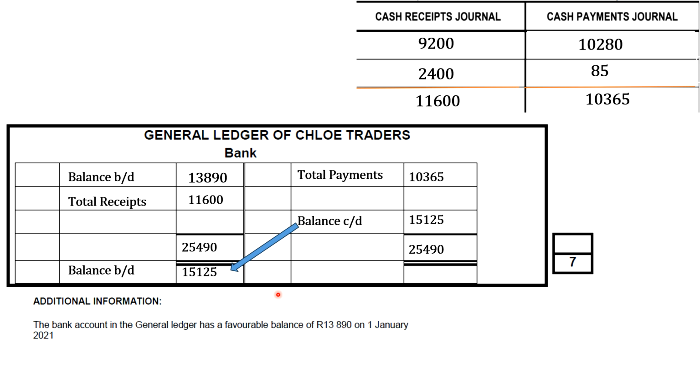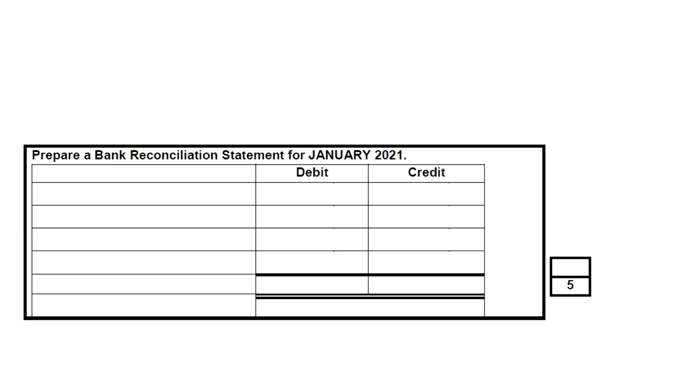Now we have to complete our bank reconciliation statement. Whenever you're doing bank reconciliation, there are always three things that you need to do. Number one, the journals. Number two, the bank account. And number three, the bank reconciliation statement. You might want to take down the format for the bank reconciliation statement because it's important.